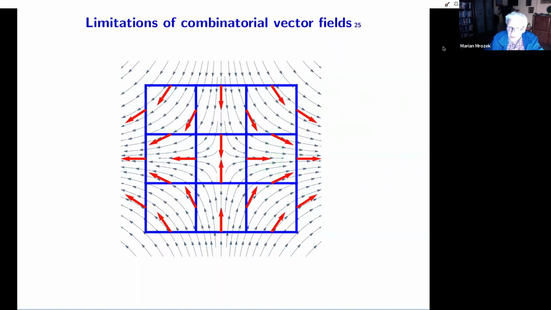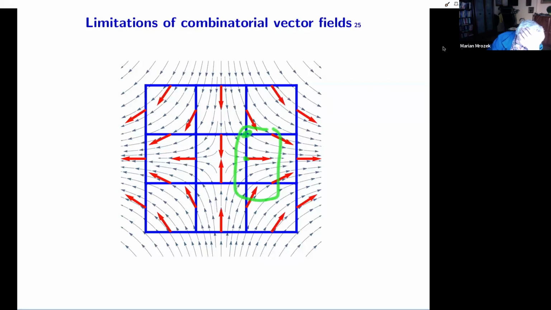And the remedy here is actually to extend the concept of combinatorial vector field to the concept of multivectors. So instead of keeping only singletons and doubletons, allow also subsets of larger cardinalities, so not necessarily just one or two. In this case, I'd like to make just one group out of all these cells.